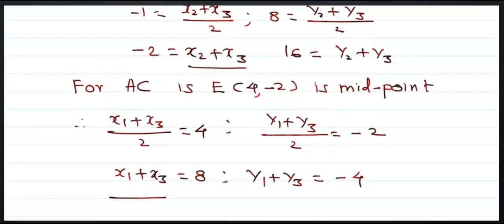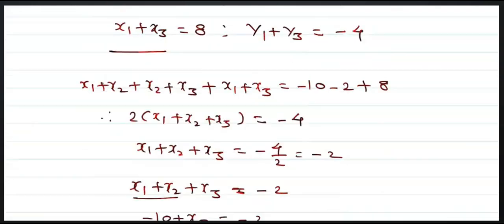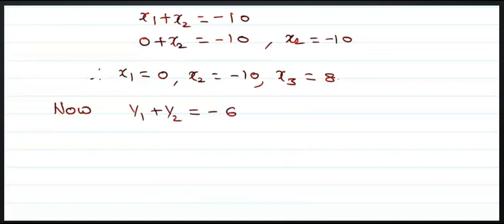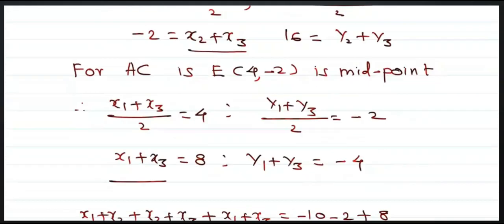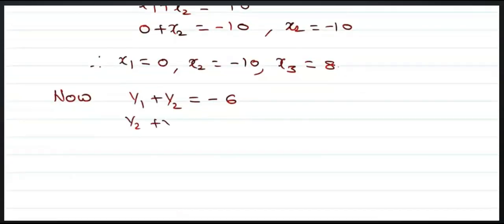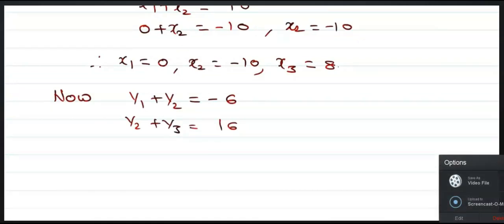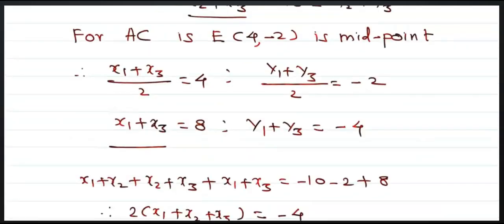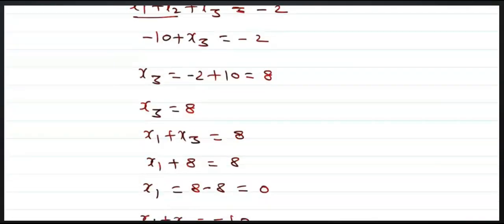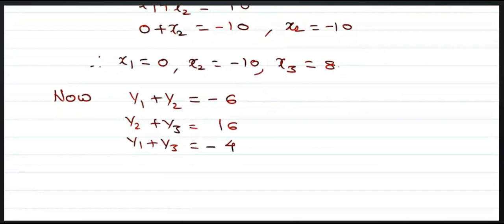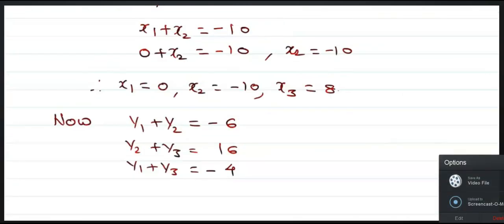Now, see this here. y1 plus y2 is minus 6. I'm taking these equations. y2 plus y3 is equal to 16. y1 plus y3 is equal to minus 4.